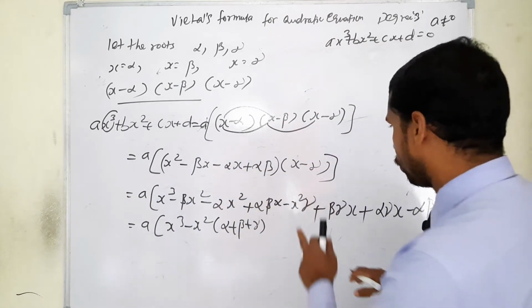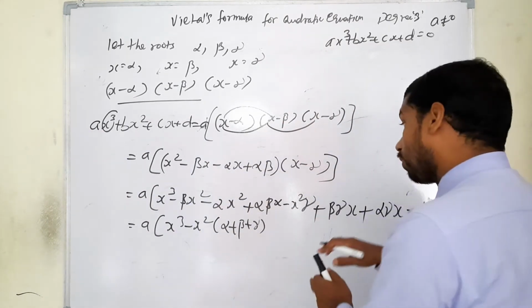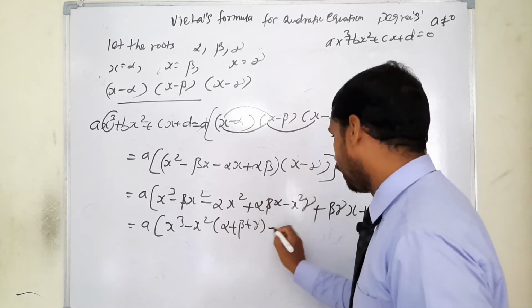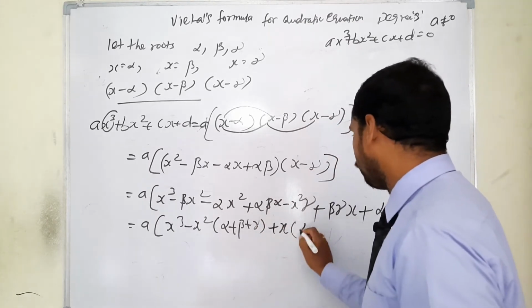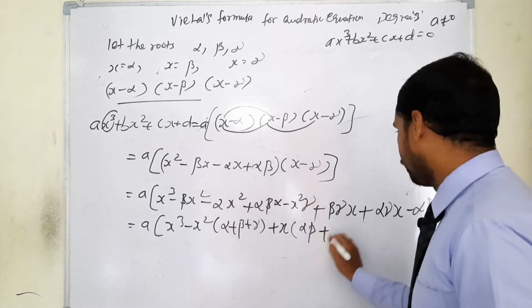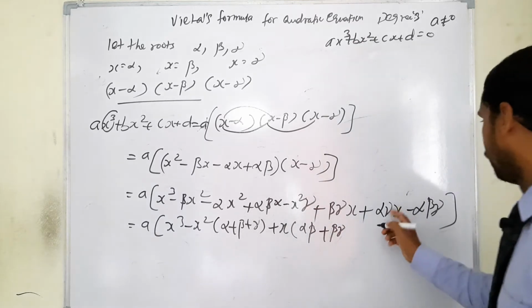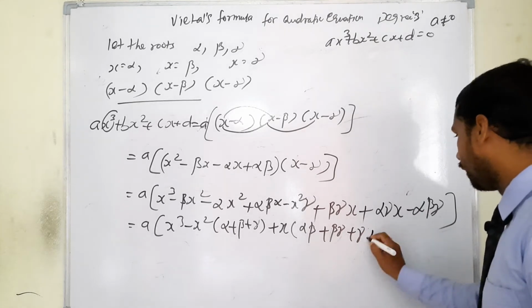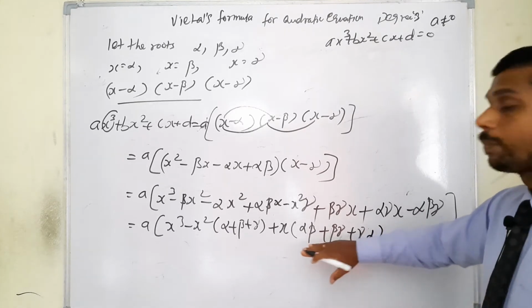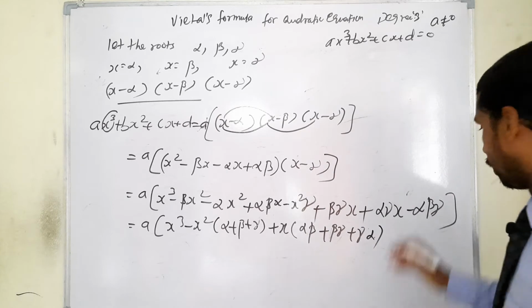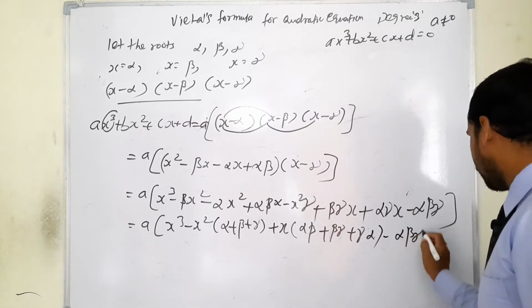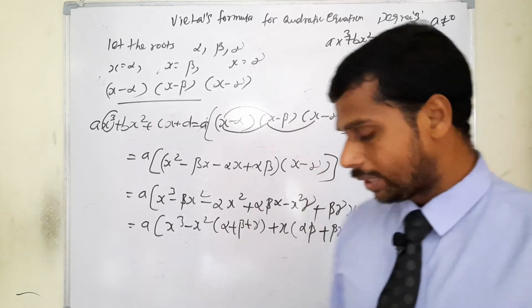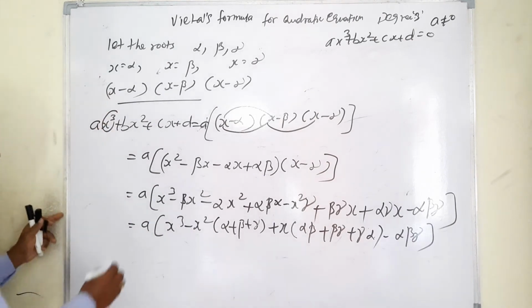Then another one, the sum of the product of the roots taken two at a time. See, again plus x taken common outside means alpha beta is there, beta gamma is there, and the last one gamma and alpha is there. This is the sum of the product of the roots taken two at a time. The constant is minus alpha beta gamma. So now each and every term into a, what will happen?